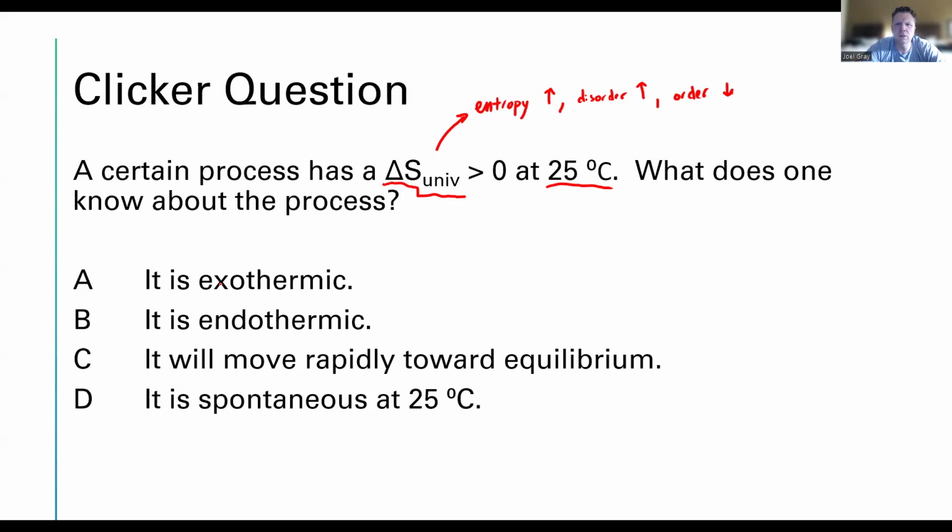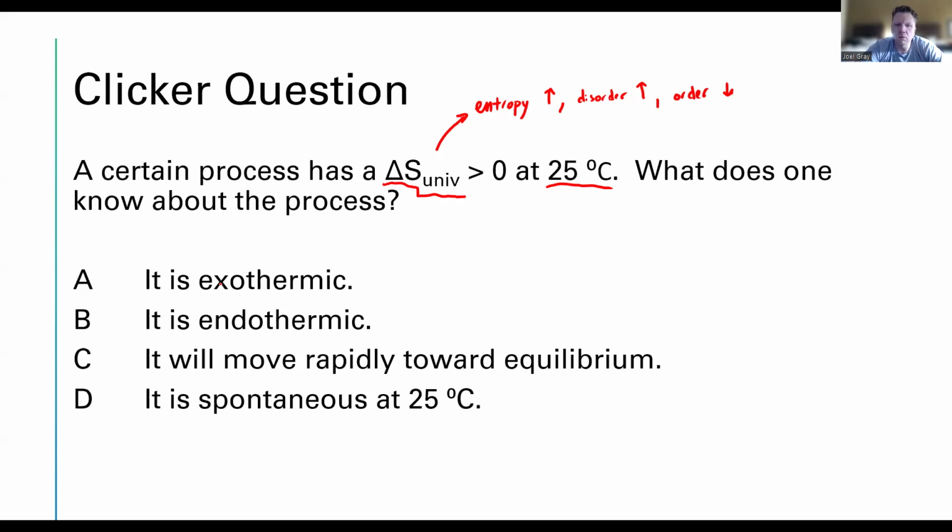So when we consider the different answer options that are provided, we've got A, an exothermic process. Okay, so if our entropy change is positive, well, that doesn't necessarily tell us anything directly about whether or not it's an exothermic process.